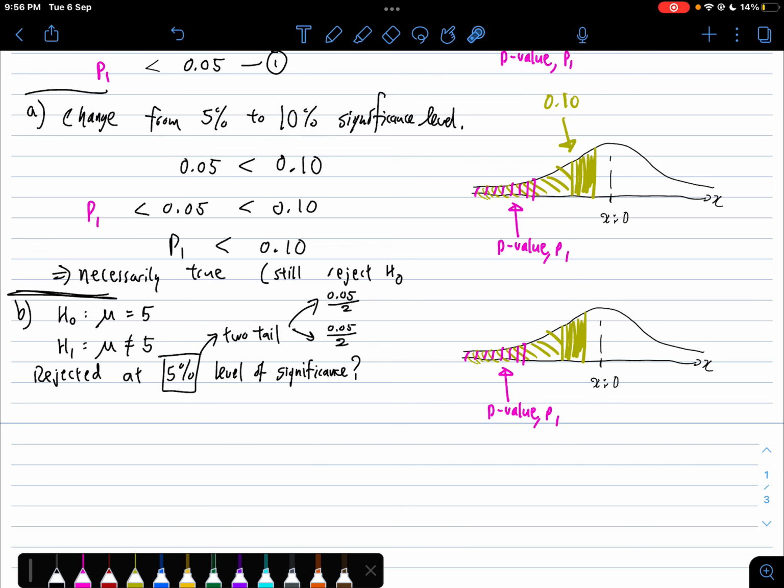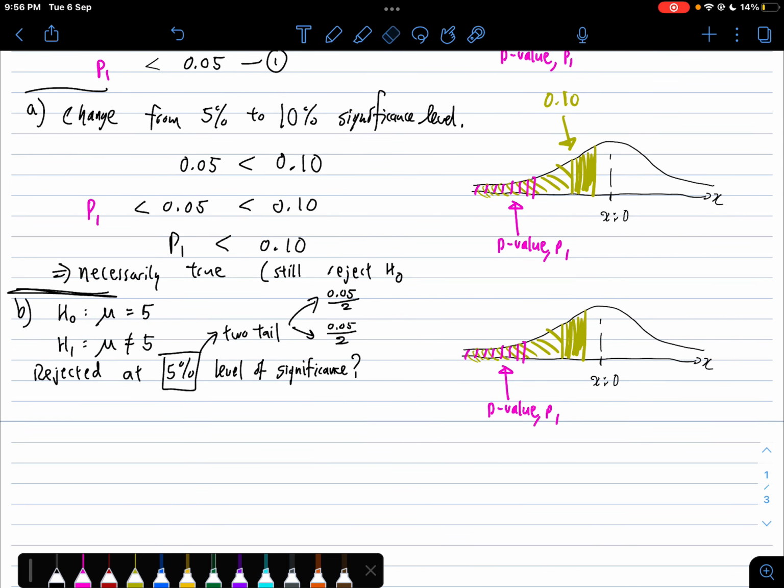So the P1 keeps on staying the same. We are doing a two-tail test, which means that we have to split our level of significance 5% into two parts, 2.5% each, which is really just 0.025 on each side, on the left and on the right.